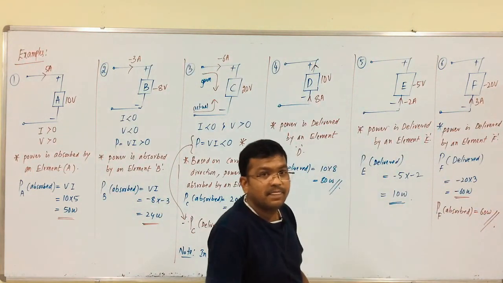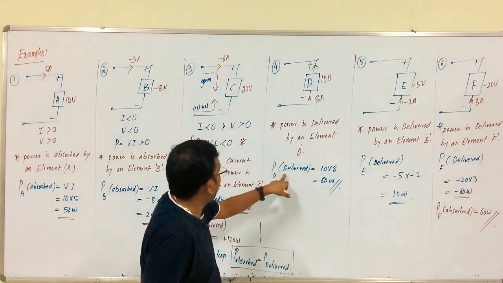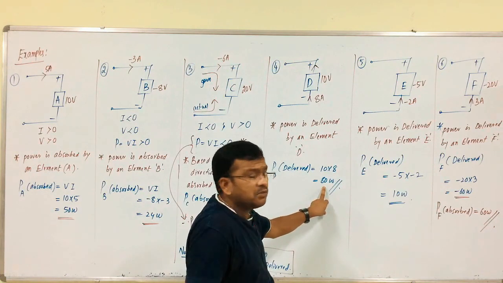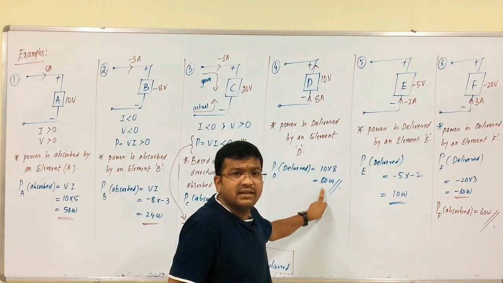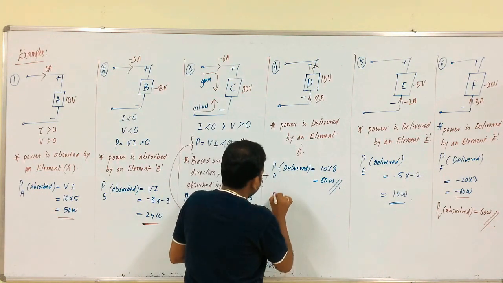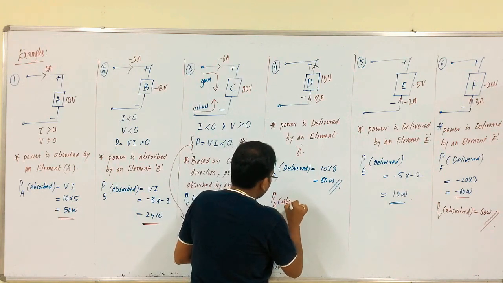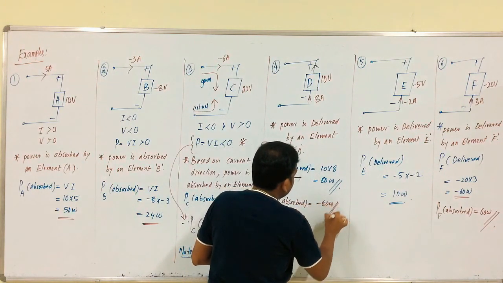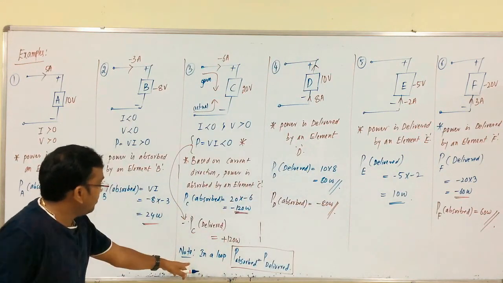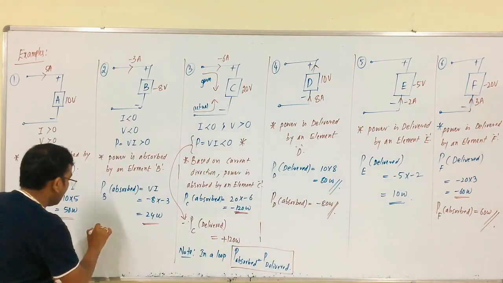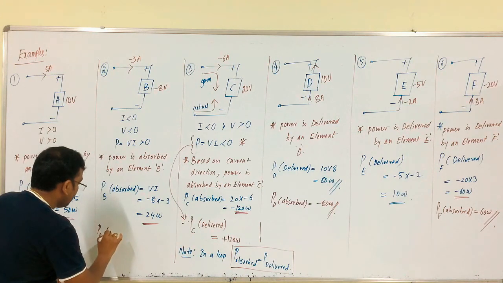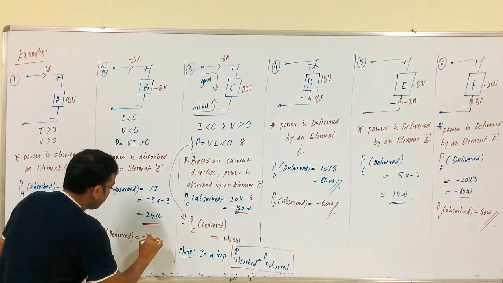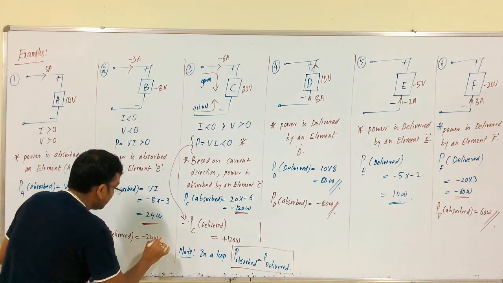That is it. Same, if the power delivered by this element is 80 watts, then the power absorbed by this element is minus 80 watts. Clear? Same here, the power delivered equals minus 24 watts.